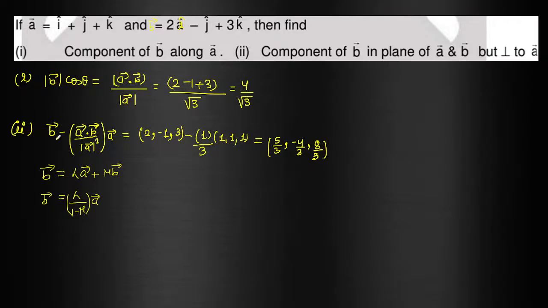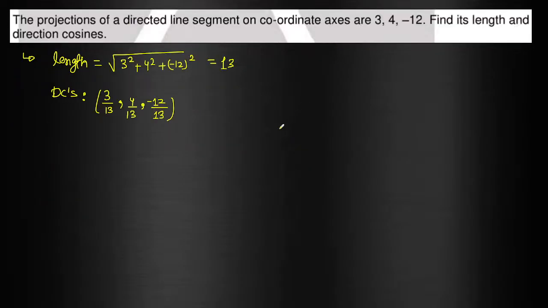So we could write this as B vector minus A vector dot B vector upon A vector whole square into A vector, that is B vector minus (A dot B by A square) times A vector. So we are getting 5 by 3 minus 4 by 3, 8 by 3. This question has some mistake, so don't take it seriously. Okay, we'll come to this.